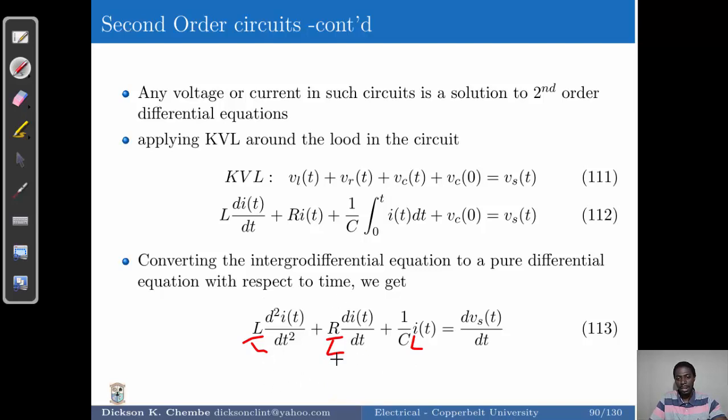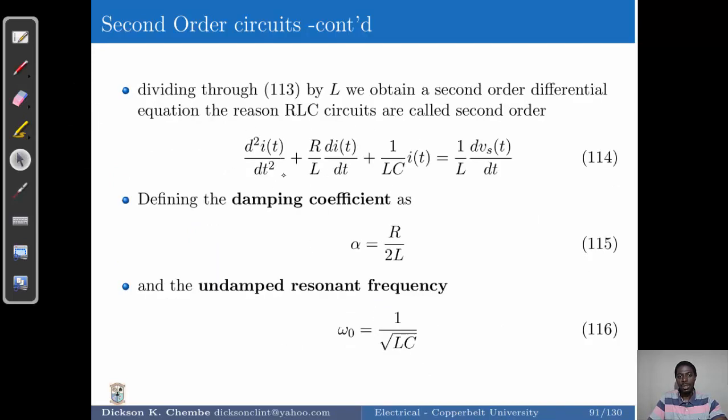Here we remain with R over L, and 1 over LC. This is what we obtain in the next slide: the second derivative of i(t), plus R over L times di(t)/dt, plus 1 over LC times i(t), equals 1 over L times the forcing function.